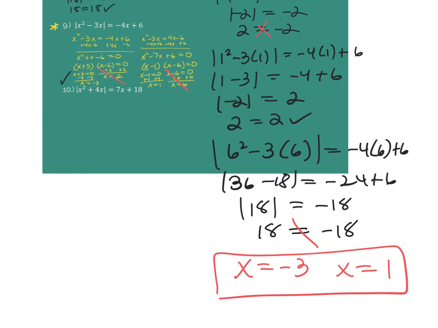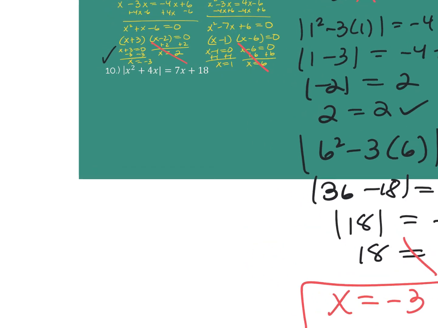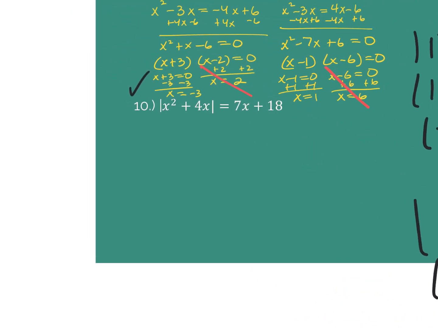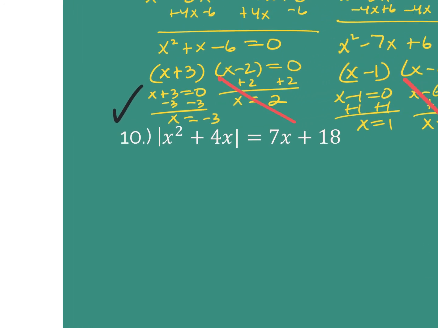One more. Pretty good. Okay, here we go. Same thing. It's already isolated. Make your two problems. So x squared plus 4x, just drop the bars.